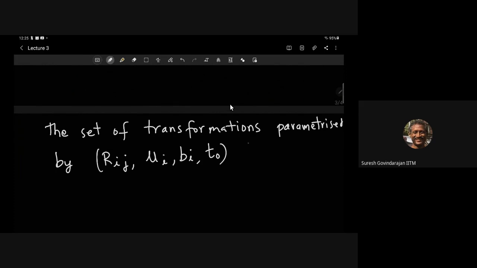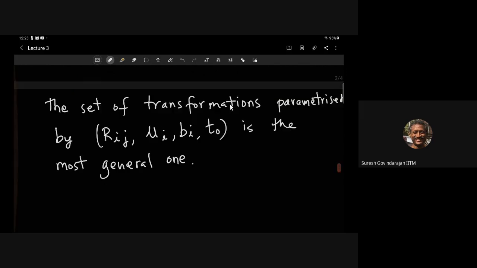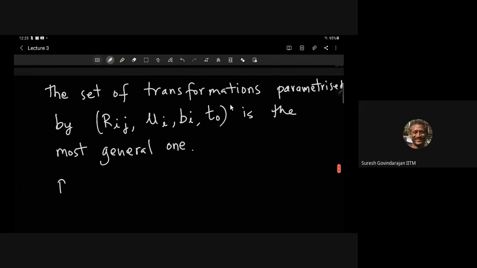Okay, is the most general one. Somebody just asked whether I can put x dependence in the t. The answer is no.